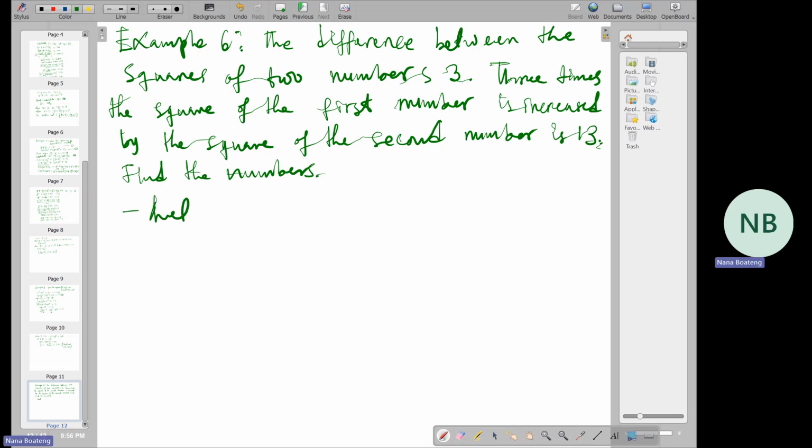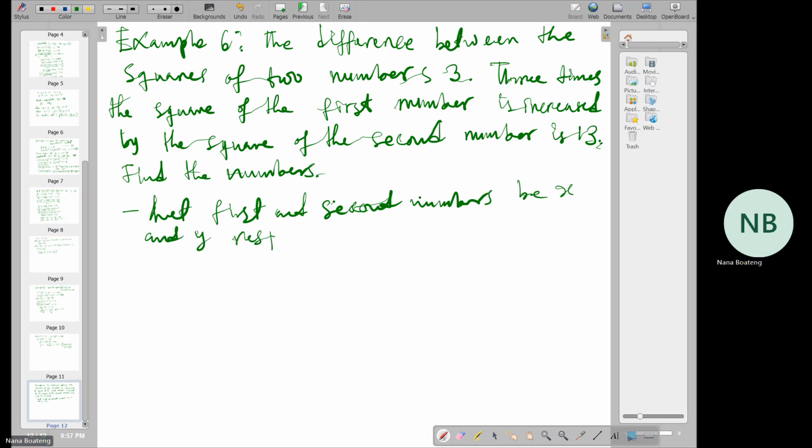If we let the first and second numbers be x and y respectively, then x squared minus y squared is equal to 3. We are told the difference between the squares of the two numbers is 3. So x squared minus y squared is 3. So this is our first equation.